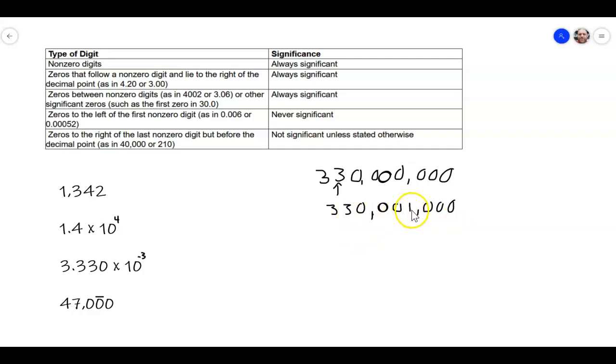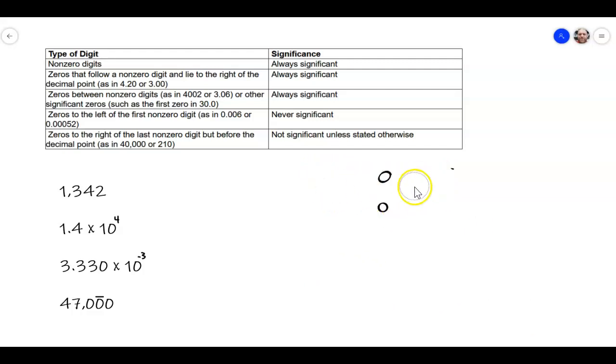Because this 1 is significant, and all the zeros between significant digits are significant. Now I counted all the way to this one, so these zeros become significant and these trailing zeros are no longer significant. So now we have 6 significant digits here. We don't count those.